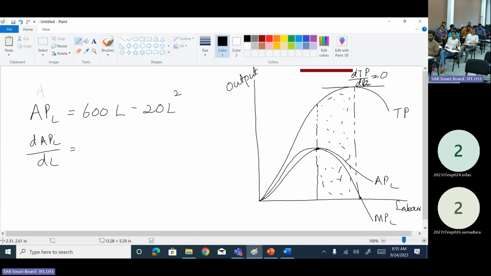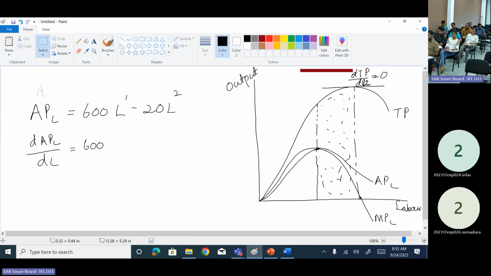We differentiate this one: 600 into L to the power 1, so 600. The second term has no L term there, so it becomes 0.